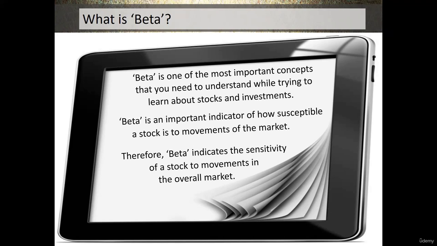I want to see what the beta of Tata Motors is, what the beta of Mahindra is, what the beta of Suzuki, Volkswagen, Ford, General Motors and others is.